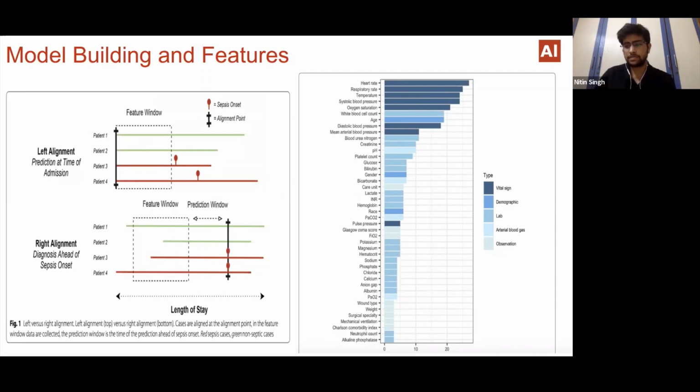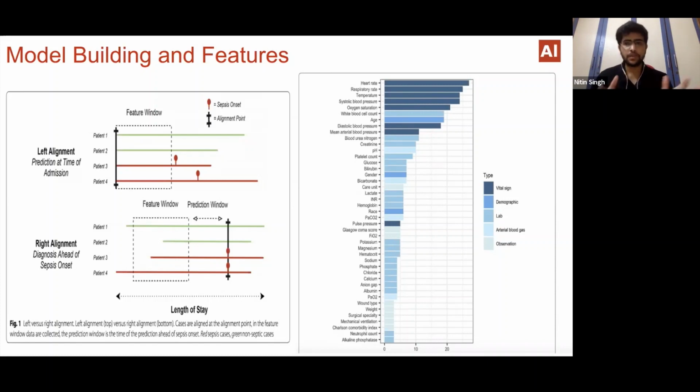If this lab is ordered by the physician, then something is suspicious, so go and test for sepsis as well. Running this model in real time is a very complex task. It's not that easy.